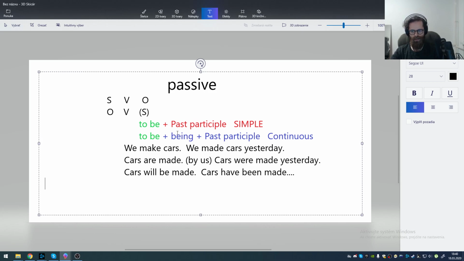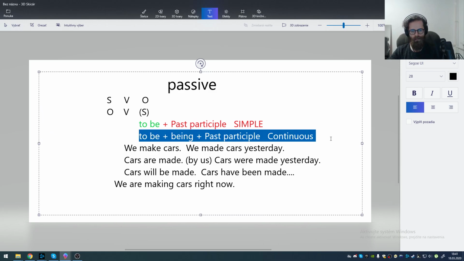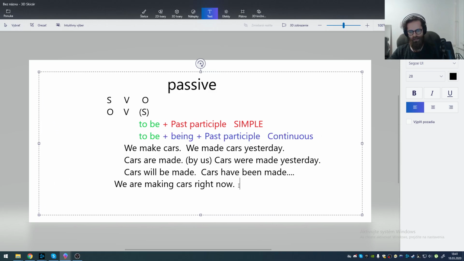Now let's have a look at the continuous form, and it would be something like, we are making cars right now. So if we want to follow this pattern now, we're gonna go like this. Cars are being made right now. The same thing.